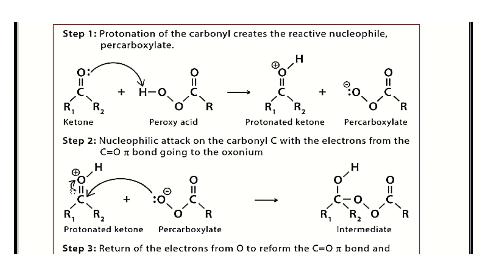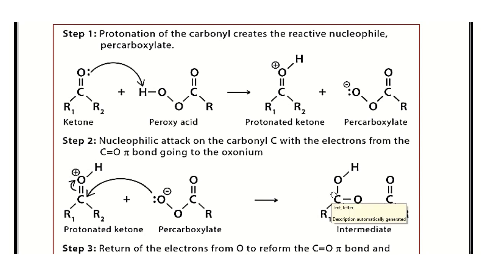So this double bond will break down and it will get shifted toward this oxygen to stabilize this positive charge, and now this carbon will have the positive charge, which will be attacked by the negative charge oxygen of the percarboxylate ion, and in this way an intermediate is formed, that is the Criegee intermediate.